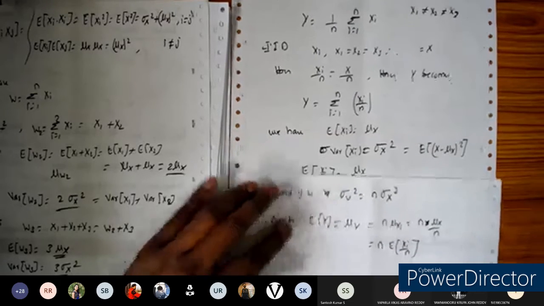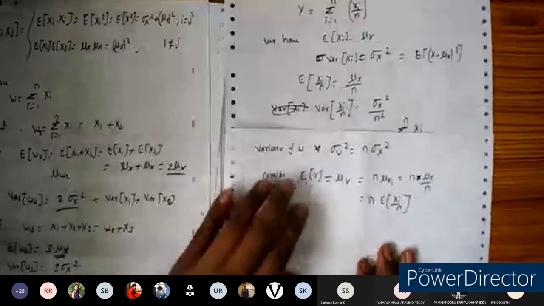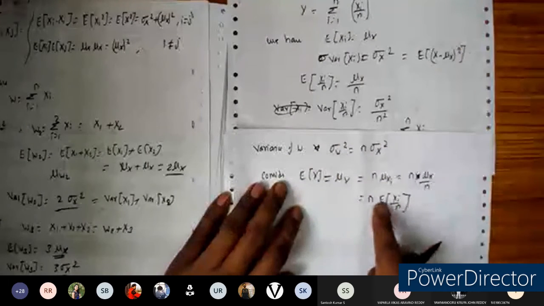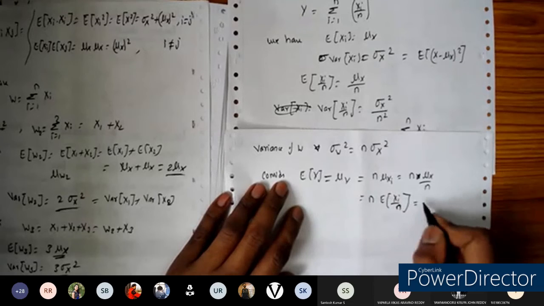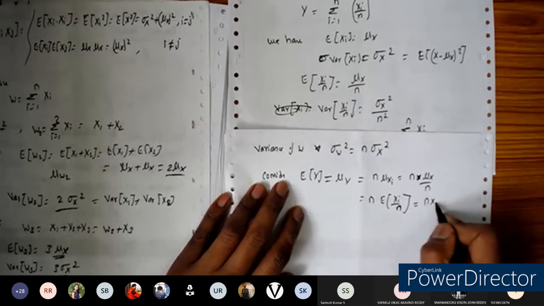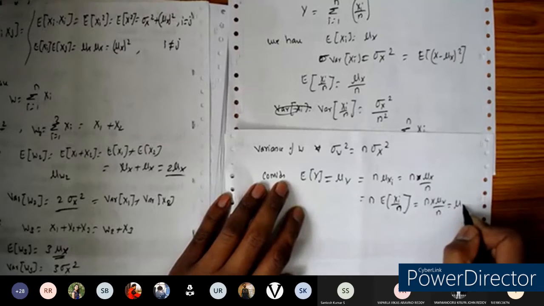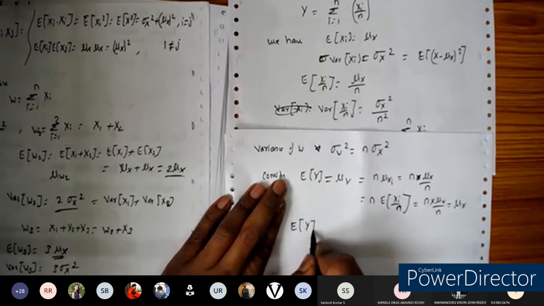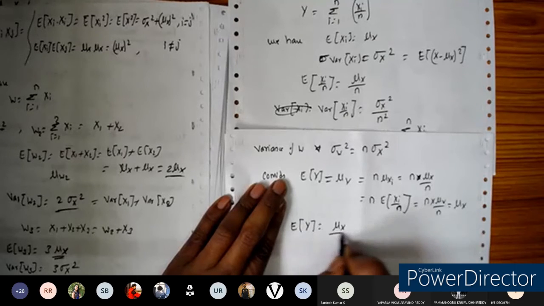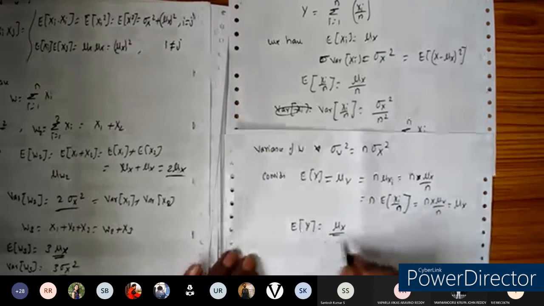I am going to use this so that there will be no confusion, because we have the sum of n random variables. So n into expected value of xi by n is n into nu x divided by n, and this becomes equal to nu x. So the mean of the random variable y will be equal to nu x.